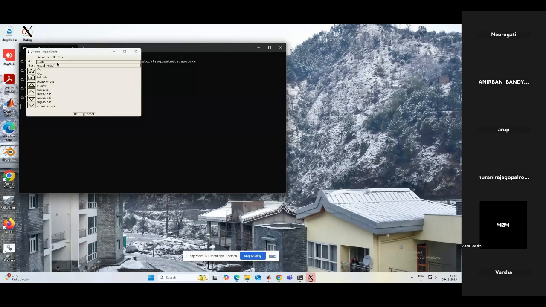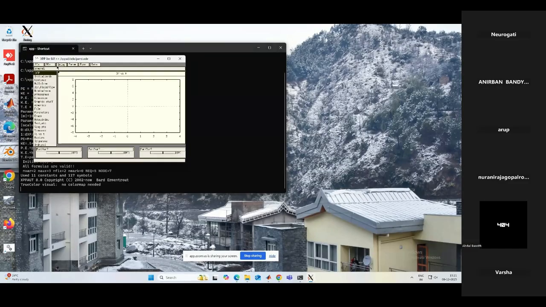Go to the ODE folder and just type pend.ode. It will give you this pendulum ODE.